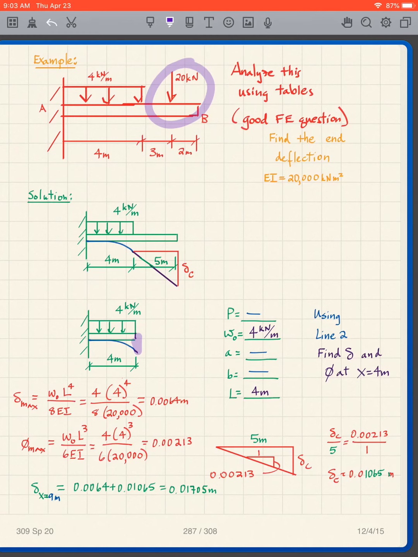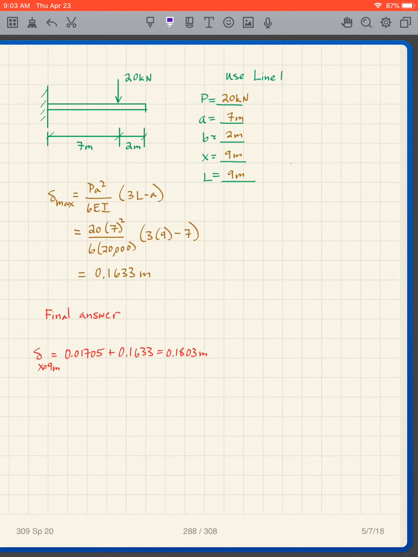Then we're going to do the point load separately. So I do the point load one, and now we can use line 1 in our table. We use these values. P is 20 kilonewtons, A is 7, B is 2. Our point of interest is at 9. Total length is 9.